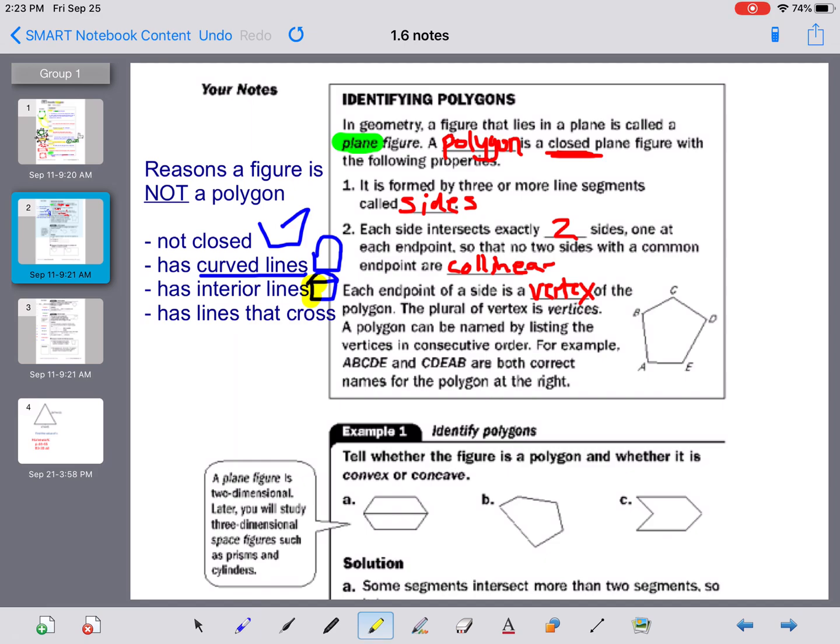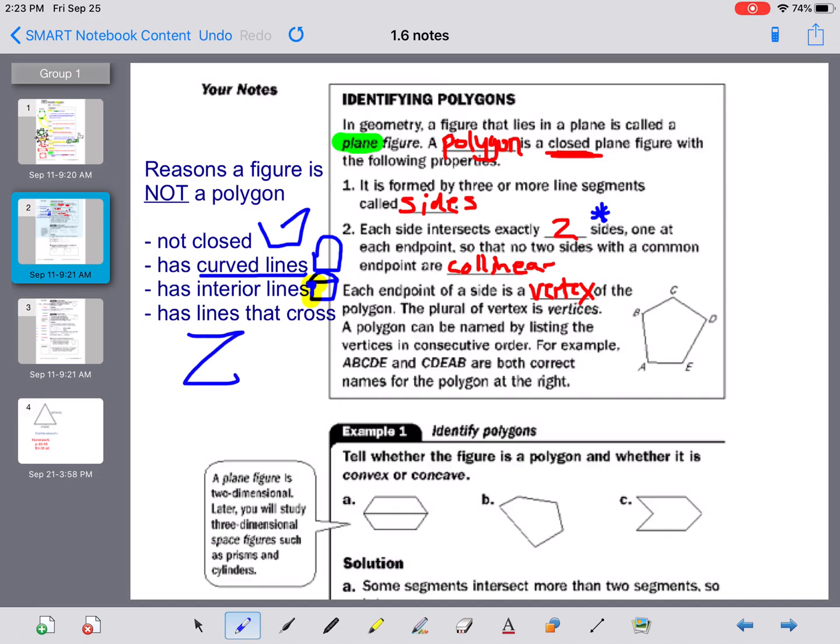But if I put an inside line there, that makes three sides that are trying to touch this one vertex right here. And that one vertex cannot touch that many sides. Or this side here is touching three different sides. That's where that violates the rule. So if there's an inside line, it's making this part here more than two sides, which violates that part of the rule.